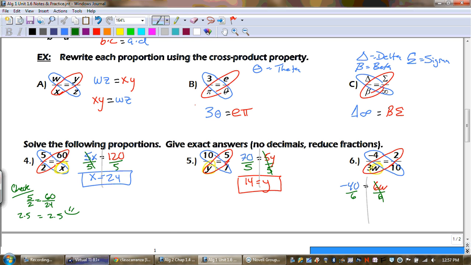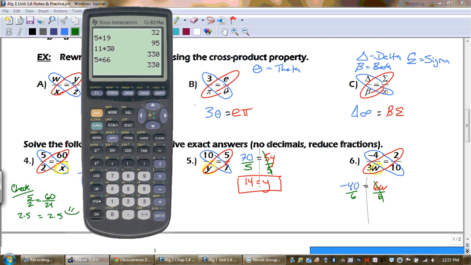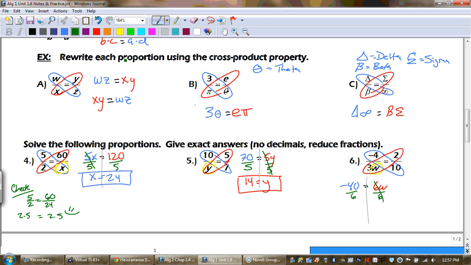You bet your bottom it does. Okay, remember that we don't want negative 40 divided by 6 as a decimal. We want the fraction, which reduces to negative 20 over 3. Okay? So negative 20 over 3 equals w.